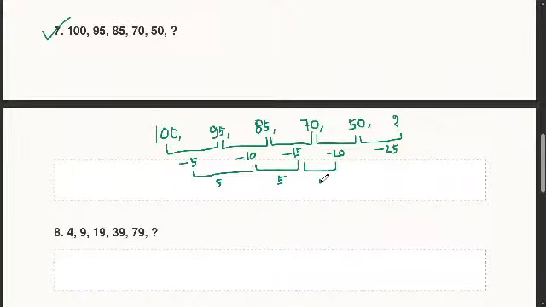This will also be 5. So here the number will be minus 25. Subtract 25 from 50, so that is 25, which is the correct answer.